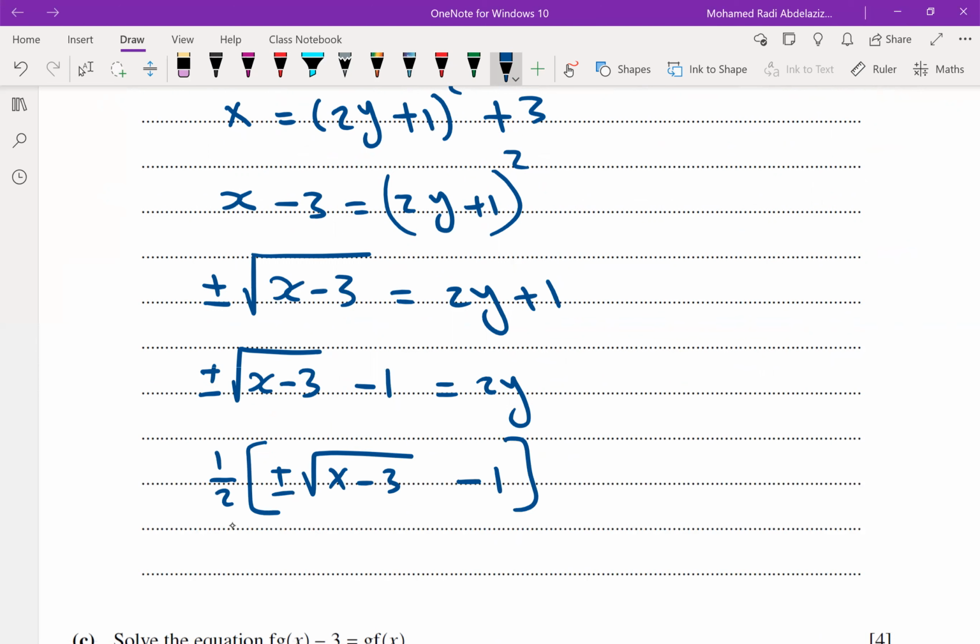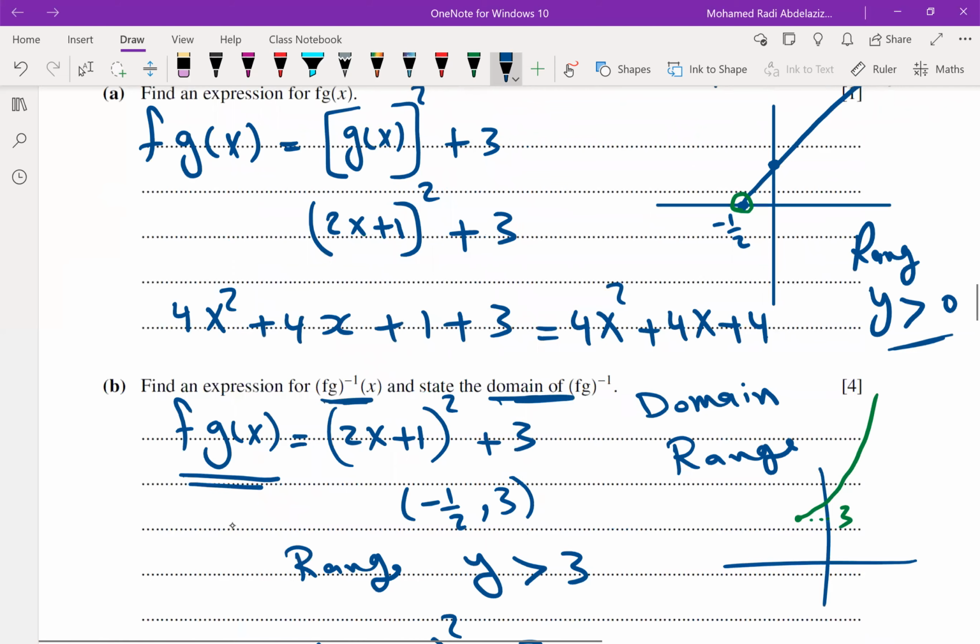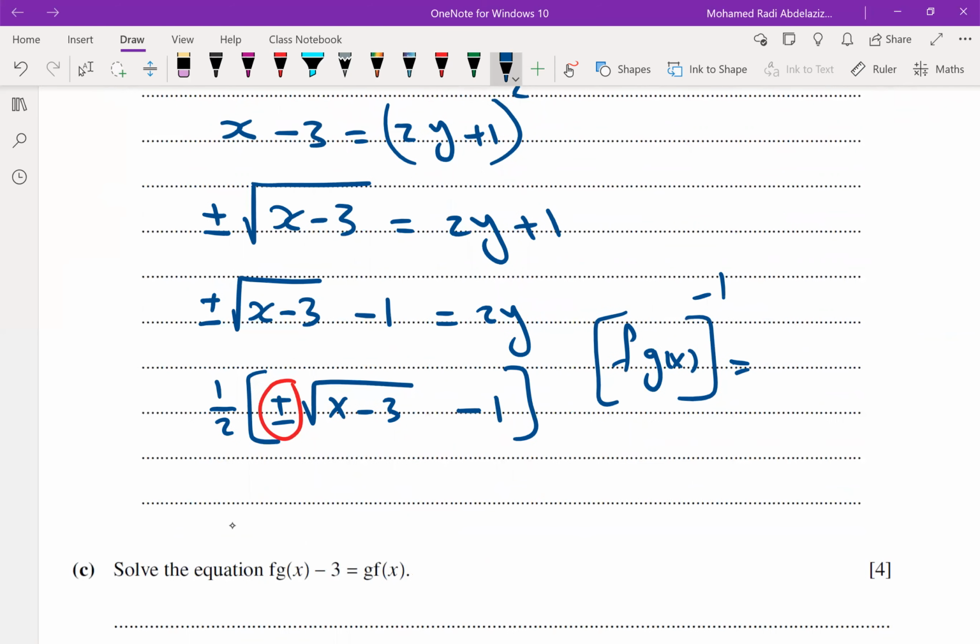This is the inverse of the composite, (fg) to the power of negative 1. But which sign will you take, positive or negative? Since we take the right side from the domain, we take the positive sign. So the final answer will be one half times (square root of x minus 3, minus 1).